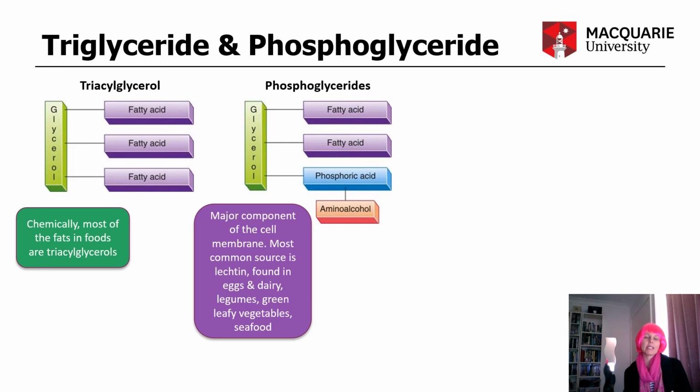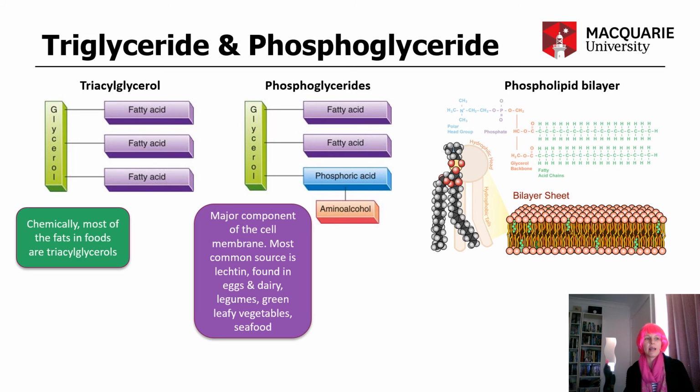So it can create cell membranes by creating a nice inner bubble where the water is not allowed to go. The fatty acids don't like the water, but it can be free floating in the body because the phosphoric acid allows it to swim through water. These phosphoglycerides are found in things such as eggs and dairy and legumes and green leafy vegetables, as well as seafood. So these are important fats to have in our diet.